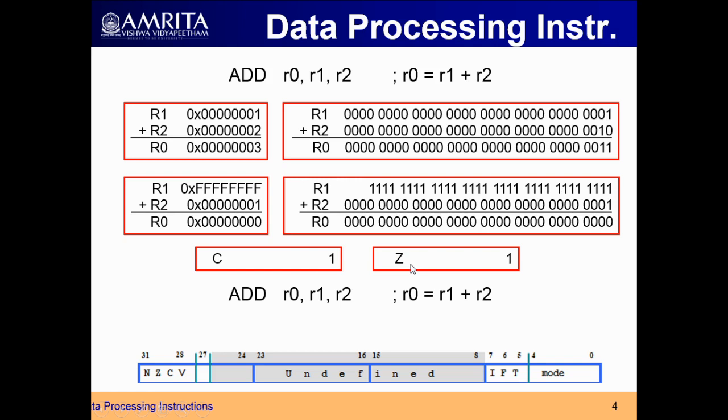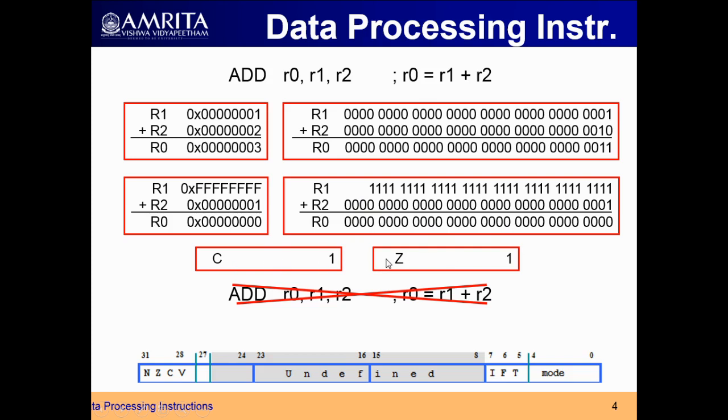Any doubts whether this statement is right? When I am writing this, these two flags will be set. Yes or no? No. Right. This instruction is wrong. When you are writing this instruction, flags will not be reflected. Only you will be getting the result. Flags will not be reflected.